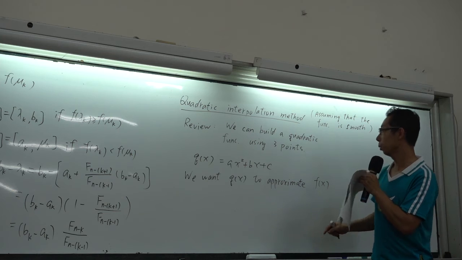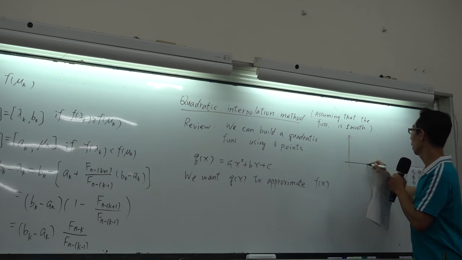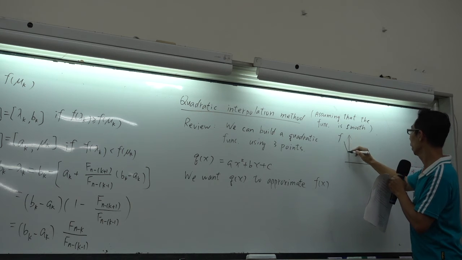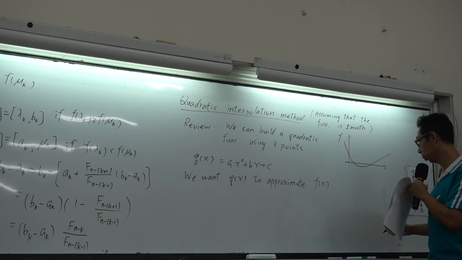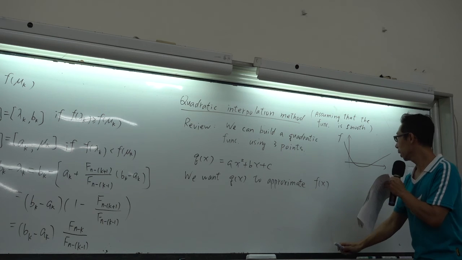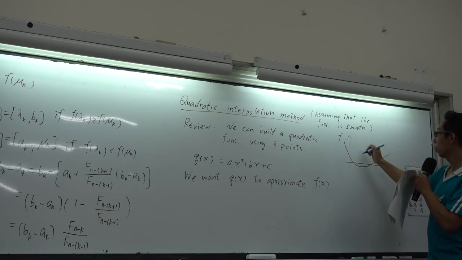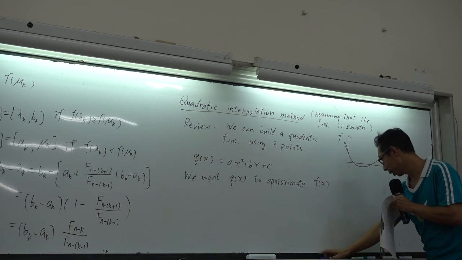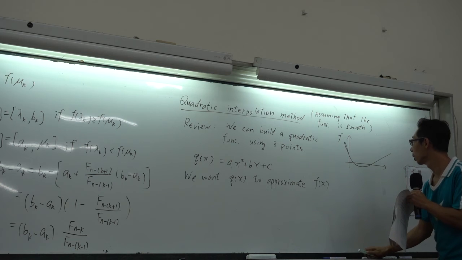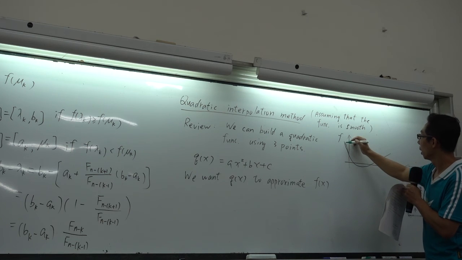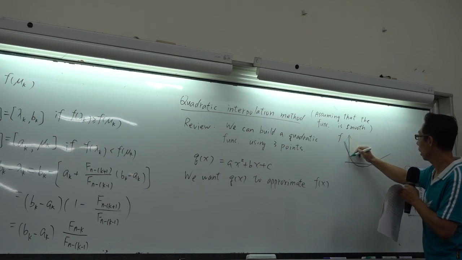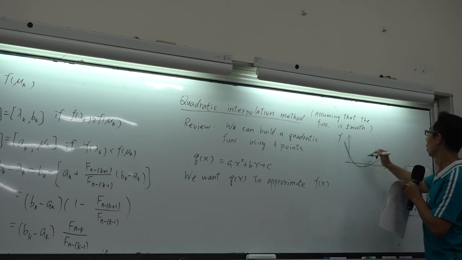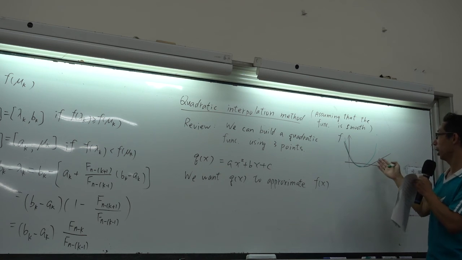Because if the function is smooth, let's say this is f of x, okay? If the function is smooth, then near the optimum point, like around here, we can approximate the function as a quadratic function.